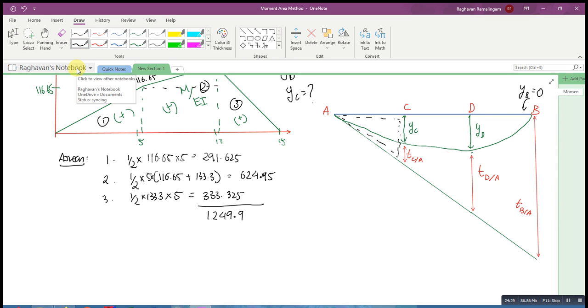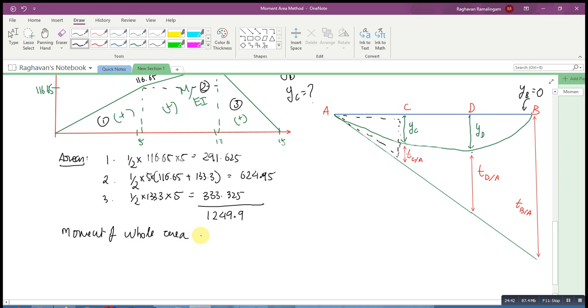So first thing, let me find the moment of the whole area about B. Why do I need this?